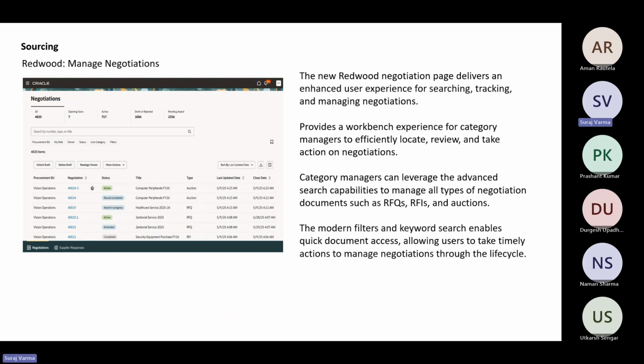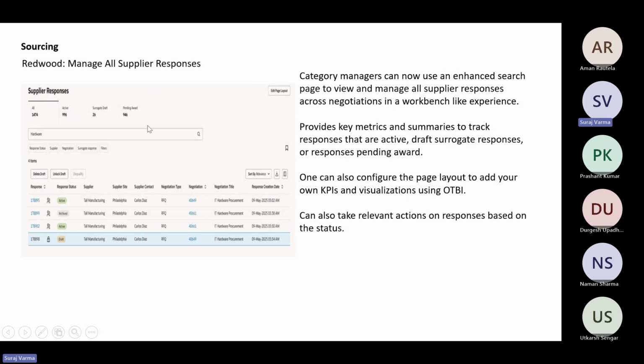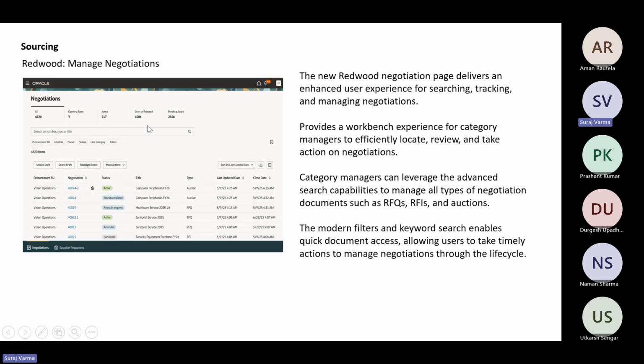Similar to the supplier responses, we have the negotiation workbench, which is also created as part of Redwood. You have the Manage Negotiations UI, which provides a workbench where you can easily review as well as take actions on the negotiations. Similarly, as mentioned for the supplier responses, on top you will see all the summary level information, and below you will see the individual details relevant to those negotiations.